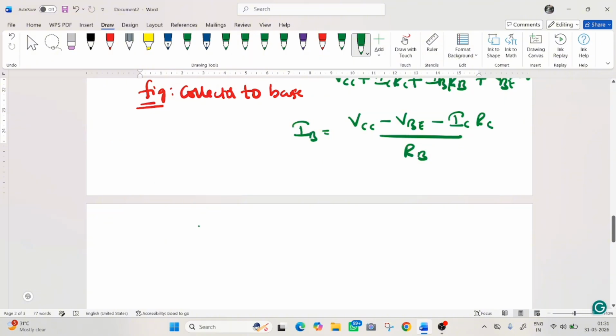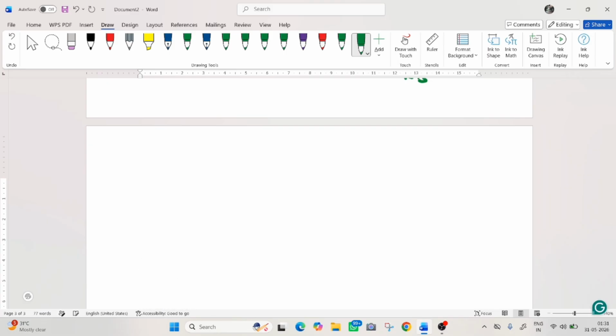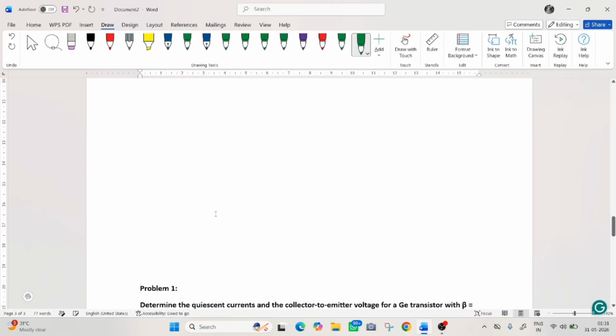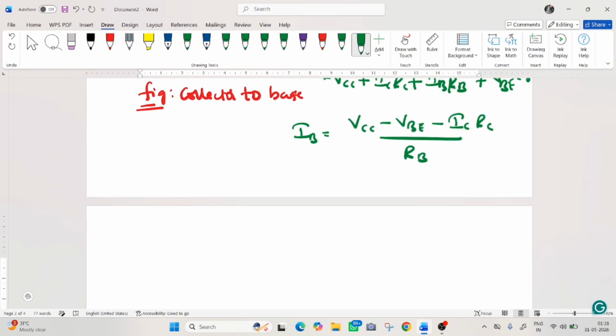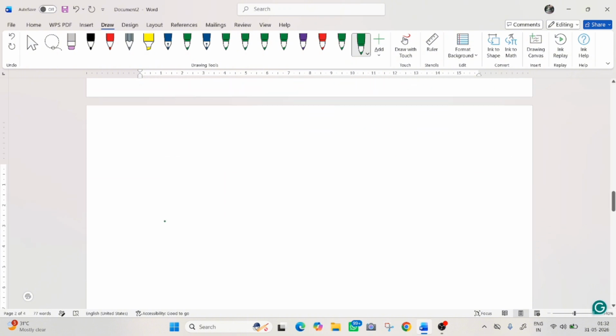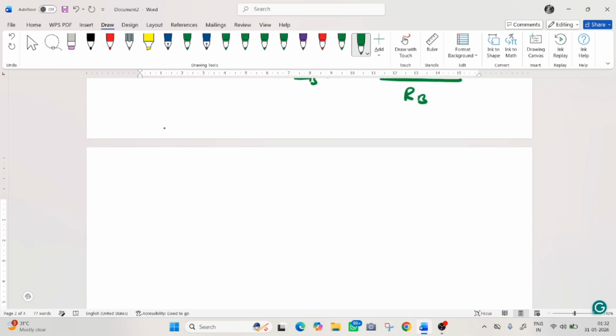Let me write it again here. What we did, we found the base current. Now substitute IB in the IC expression.